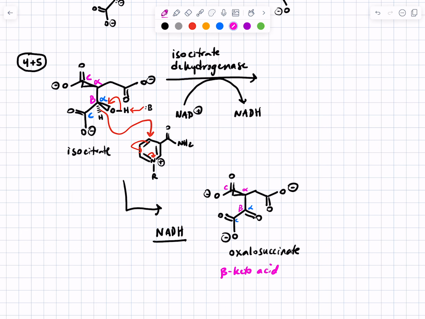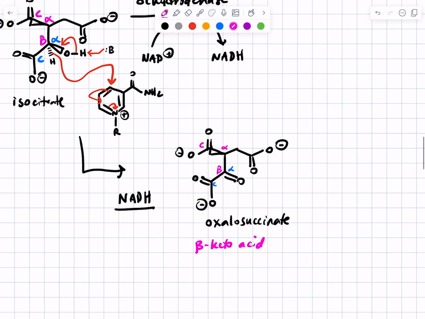They'll just show you skipping directly from isocitrate to what we're going to draw next, because they say, hey, the decarboxylation happens still in the enzyme active site. And that's true, but I think it's useful to draw out oxalosuccinate so you can see it for what it is, which is a beta keto acid.